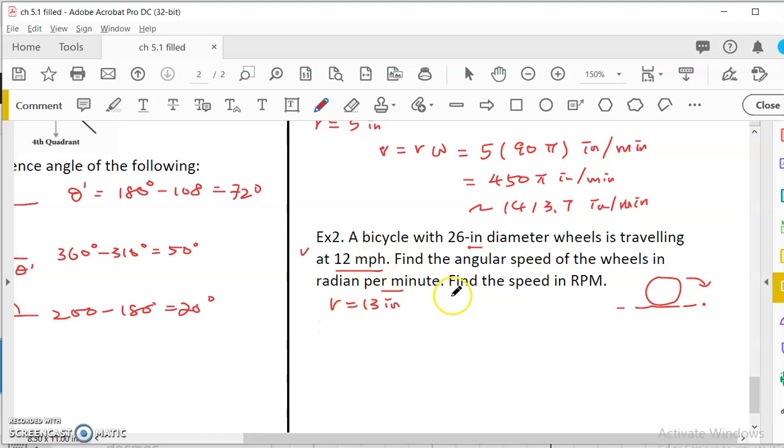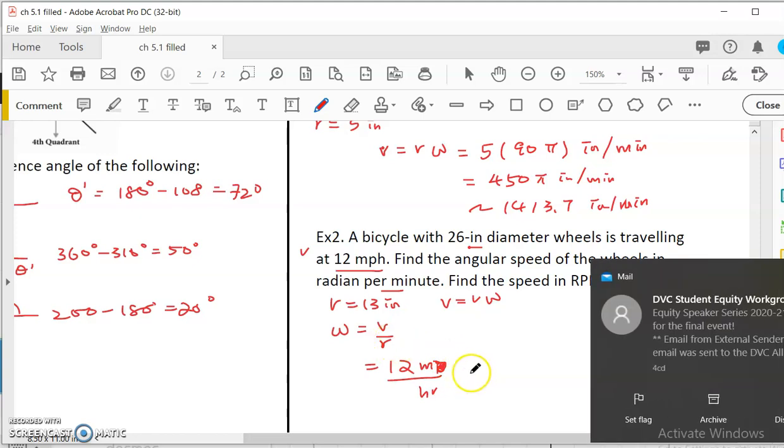In a nutshell, if I want to find angular speed omega in radians per minute, because v is equal to r omega, omega is v over r. So our v is 12 miles per hour.